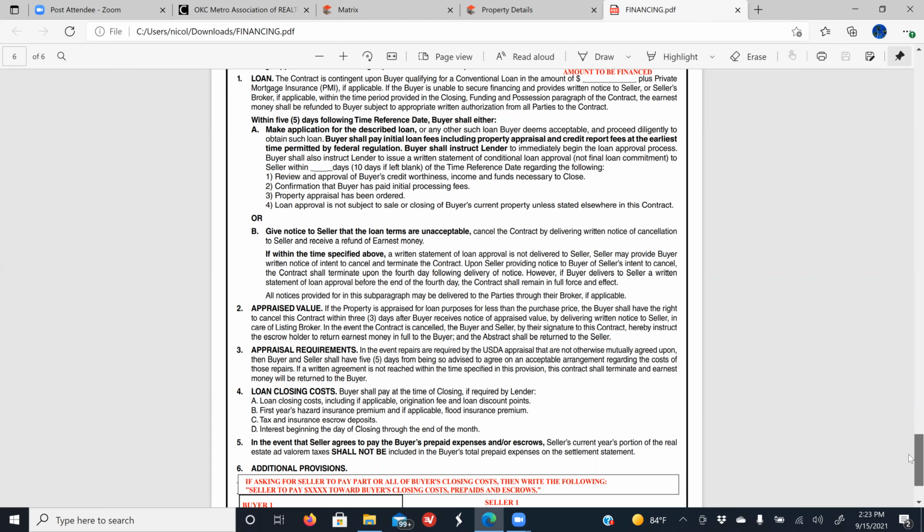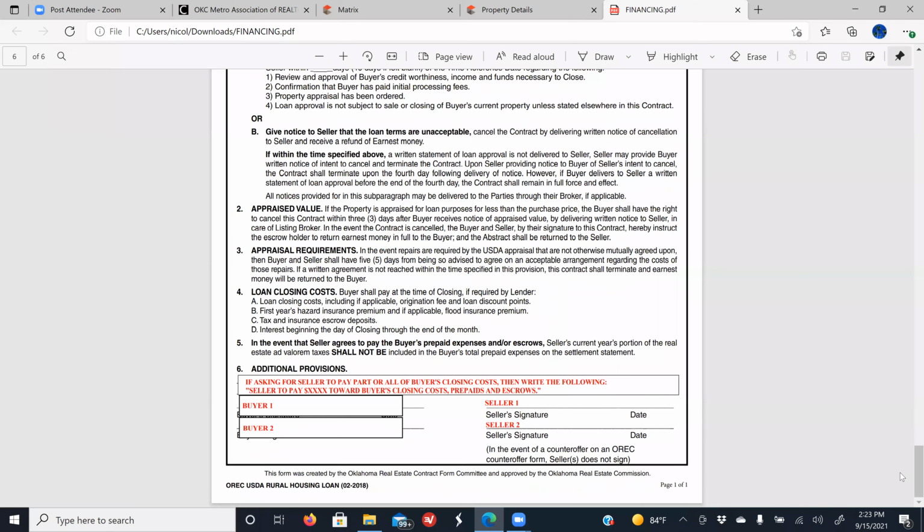So this one is going to be exactly like the conventional one that we did first. There isn't a place to specifically write in a number if you want the buyer to ask the seller to cover closing costs. So we have to write in the verbiage, seller to pay X amount towards the buyer's closing cost, prepaids, and escrows. So simply find out if they want the seller to contribute anything at all.